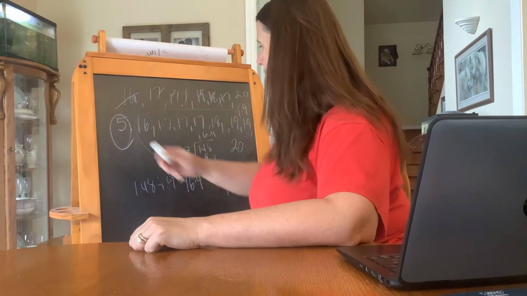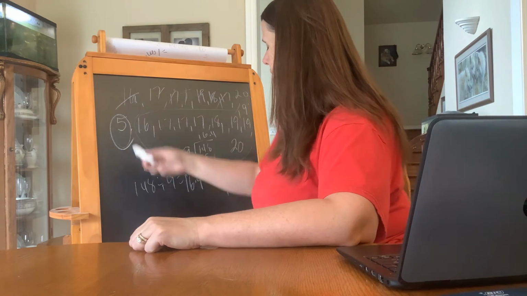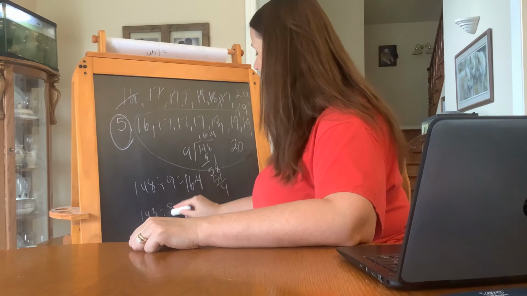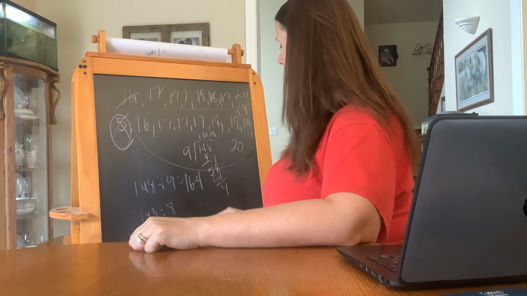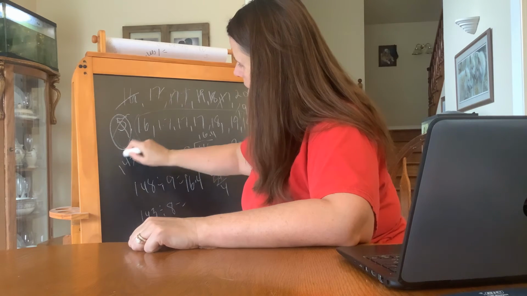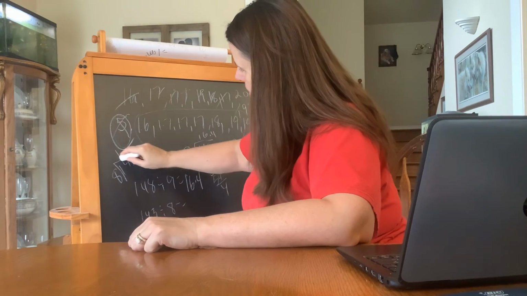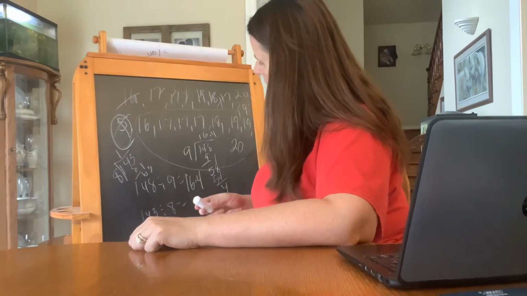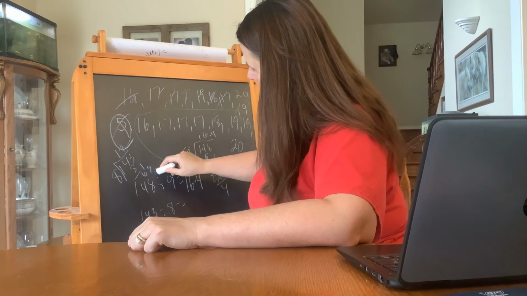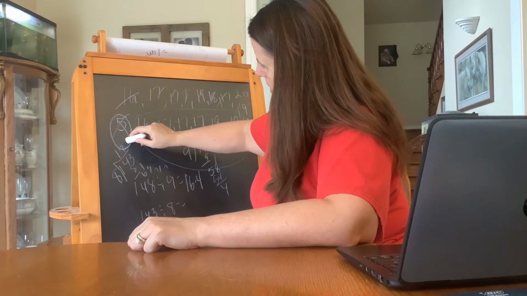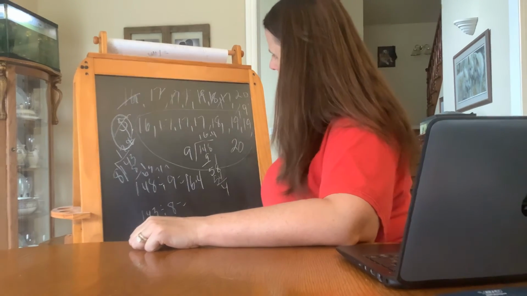If we don't include the outlier, we'd have 148 take away 5, so that'd be 143 divided by 8 because we're getting rid of that score, right? So let's try that. 143 divided by 8. 8 goes into 14 once with 6 left over. 8 goes into 63 7 times with 7 left over. So it's about 17.8 or so.